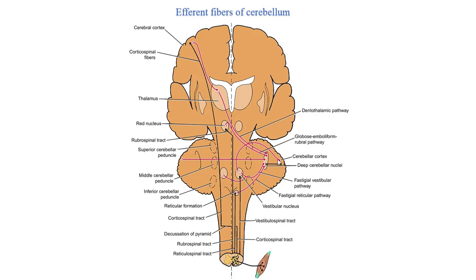But few Purkinje cells from flocculonodular lobe and vermis directly end in lateral vestibular nuclei. Efferent fibers from dentate, emboliform, and globose nuclei travel through superior cerebellar peduncle, and those from fastigial nucleus through inferior cerebellar peduncle.